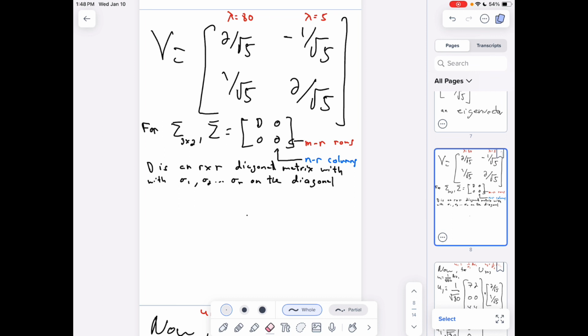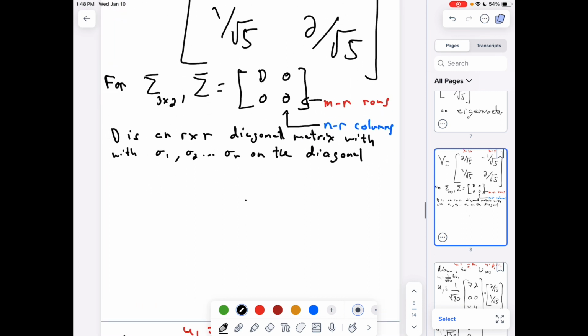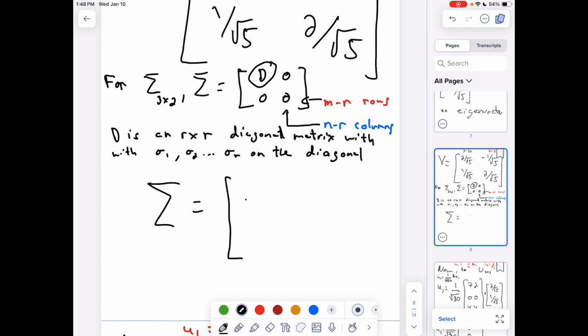For sigma, I wrote the instructions on how to find sigma. Sigma is going to be the same size as A, and it consists of basically a matrix D, that's what that D is. It's a diagonal matrix and a bunch of zeros, okay? And here's how this works. I wrote the rule, but I'm going to go with something a little easier.